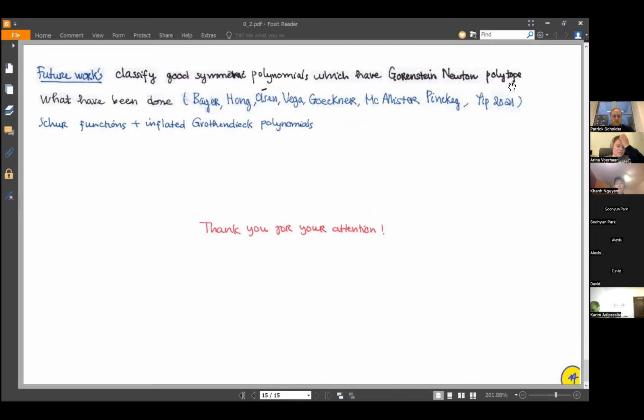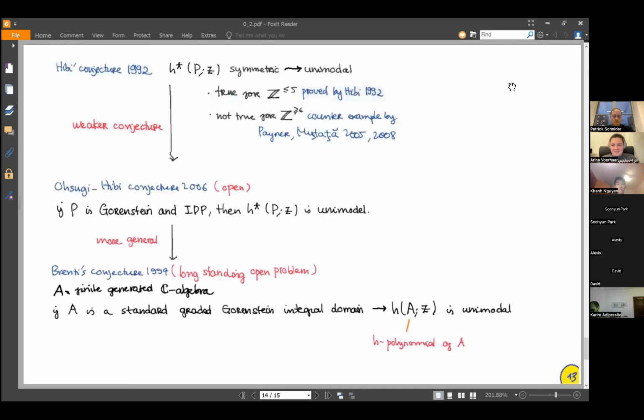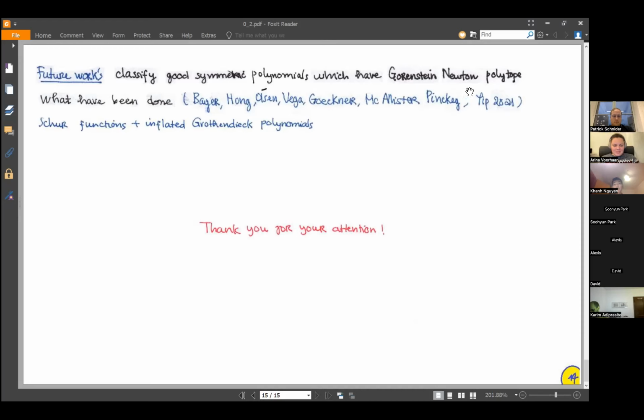So it means that we are trying to find the set of all good symmetric polynomials that satisfy the condition of the Ohsugi-Hibi conjecture, and by that at least we can try to study the conjecture for good symmetric polynomials.